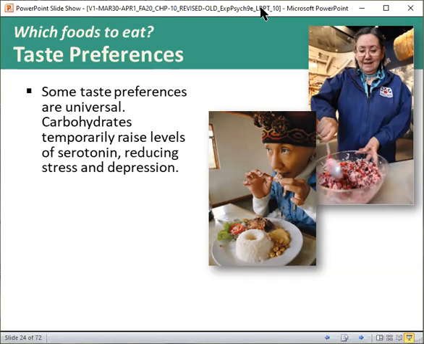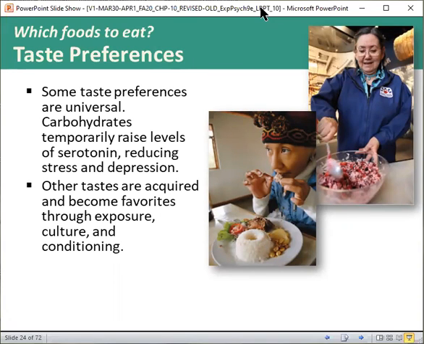Those carbohydrates temporarily raise levels of serotonin, reducing stress and depression. That's why when somebody's had a really difficult day or some major emotional stressor, they run to the carbohydrates, because that's going to be one way for them to enhance their serotonin levels. It's as good as Prozac in that scenario, so that they feel better when they can start consuming them.